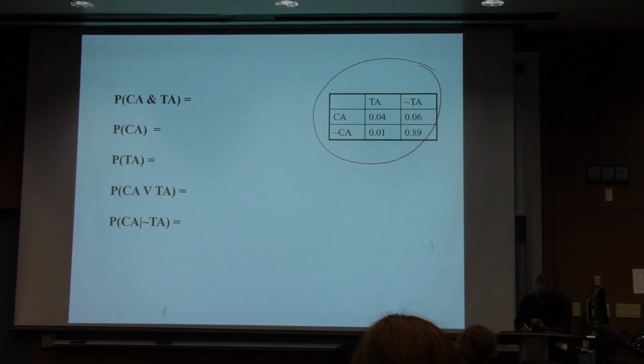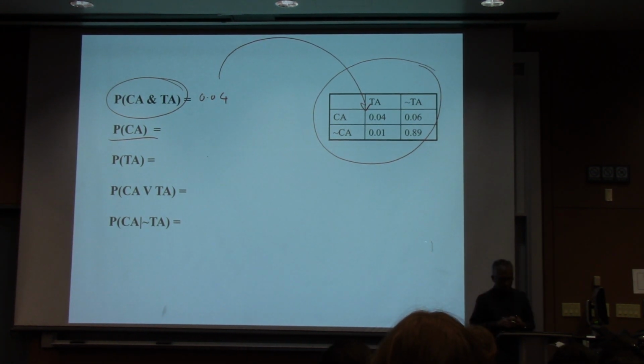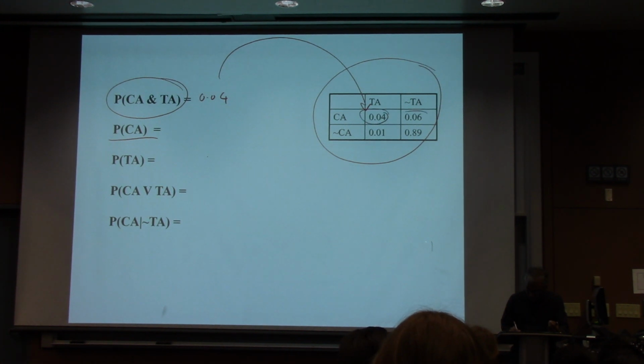So this is my joint distribution. Now I ask this question: what's the probability of cavity and toothache? We just pick this up, 0.04, right? What's the probability of cavity? What did you do? Because cavity is true with either toothache present or toothache absent.